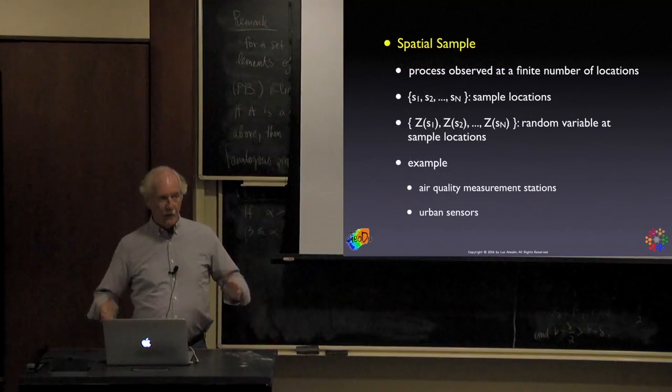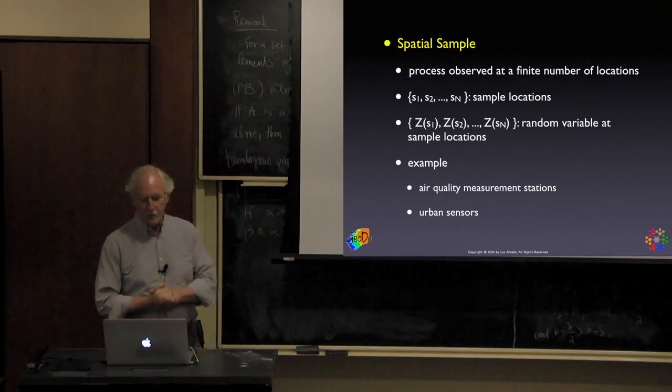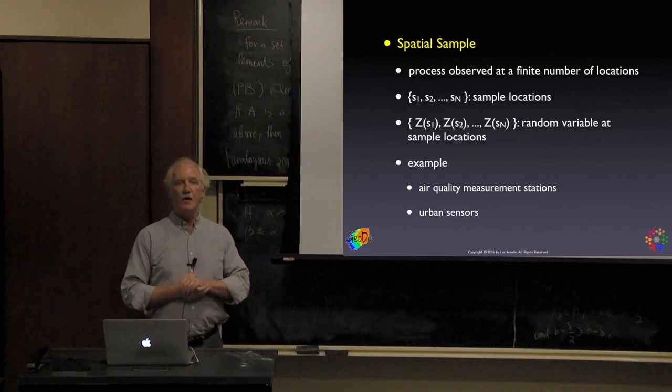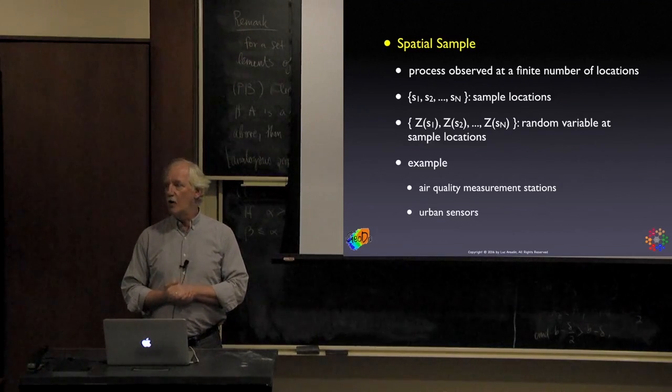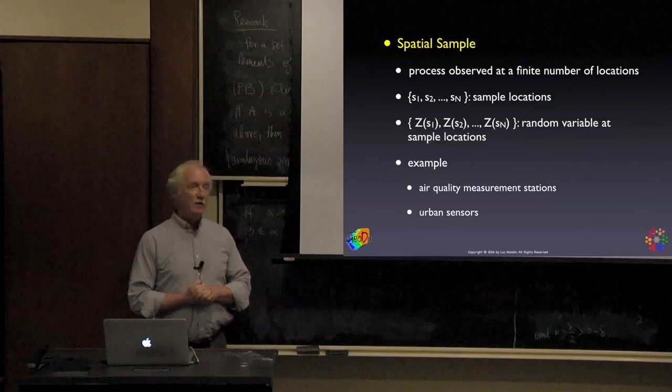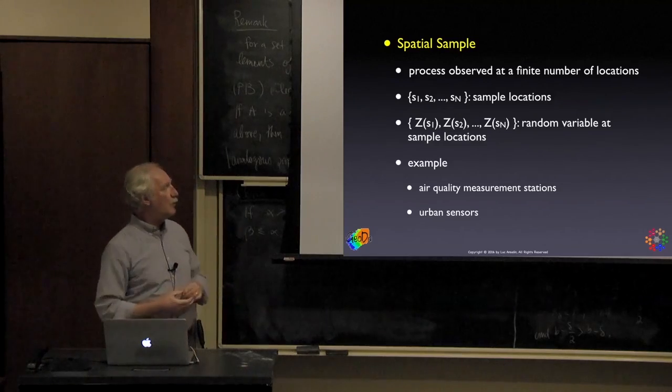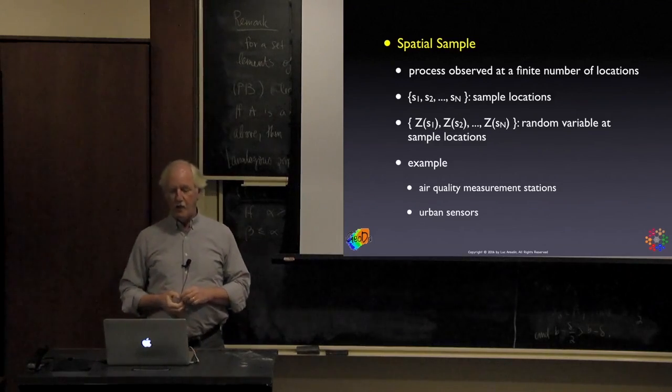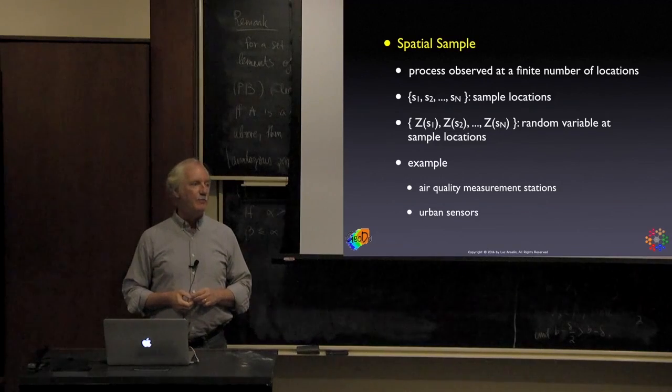Of course, we can't do that, and we have to work with observations at a finite number of sample points. So the observation set consists of sample locations at which we observe the random variable.